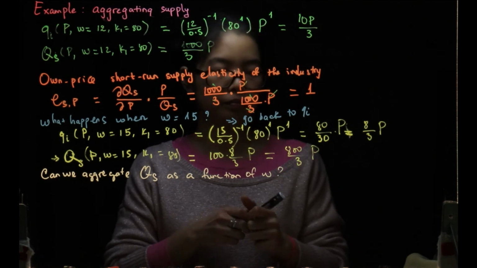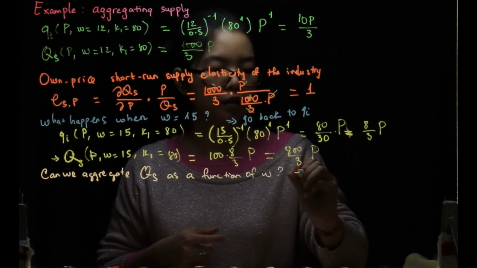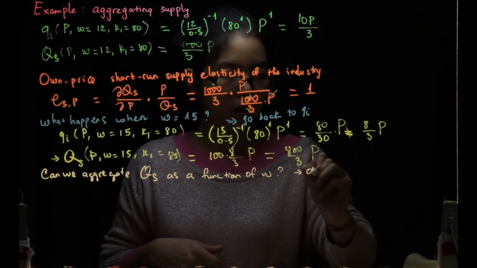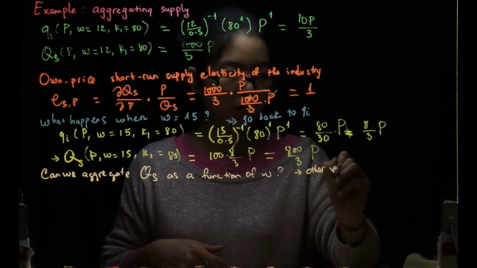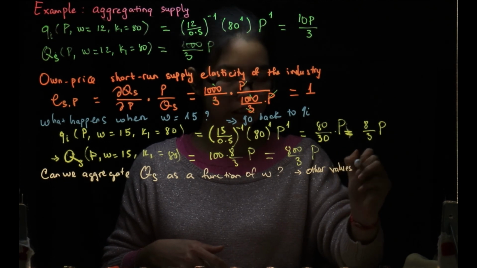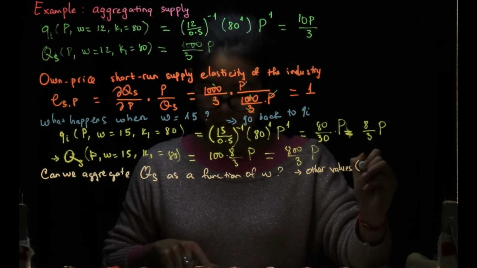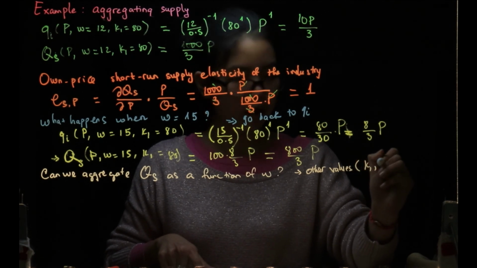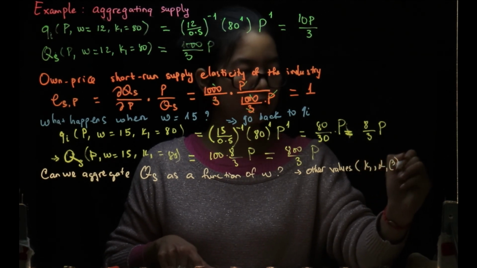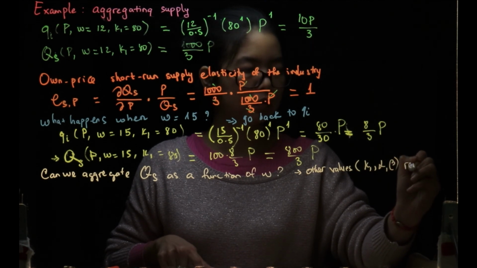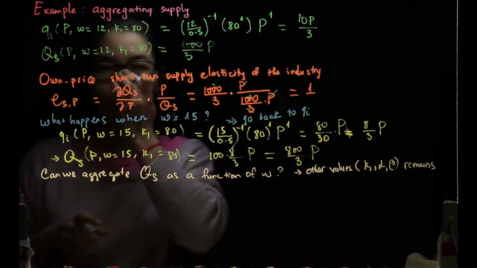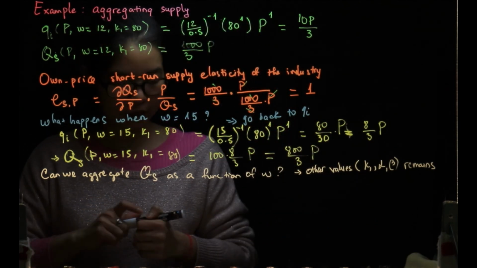Answer is yes. But before we need an assumption, which is other values, that is K1, alpha and beta remain the same as before. That's what it means.